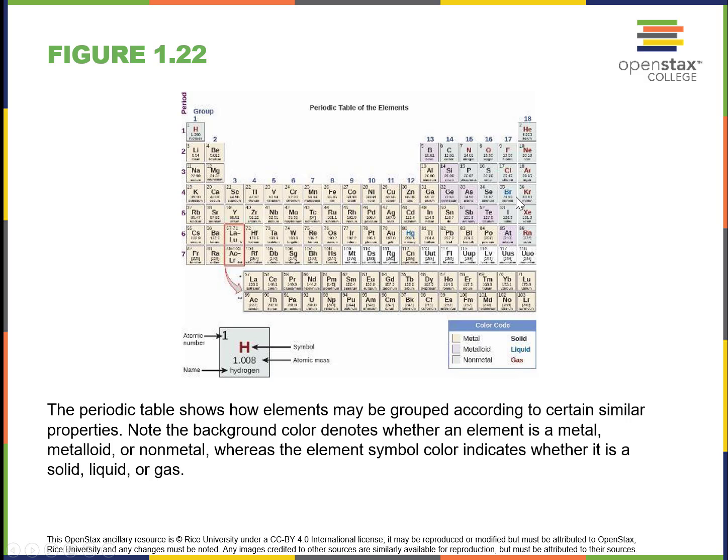That's showing that they're a liquid at room temperature. And then some others have the red lettering, so mostly the ones over here, and then hydrogen, those are gases at room temperature. Okay, so these are showing the physical properties of these elements. And again, we'll talk about other details of the periodic table in a later module.